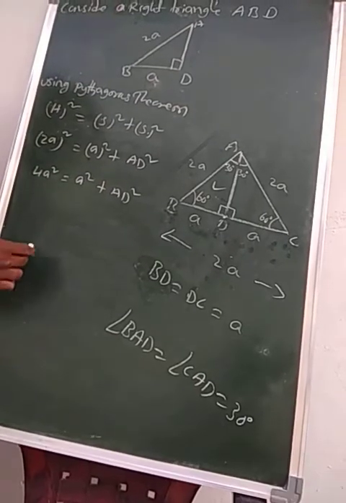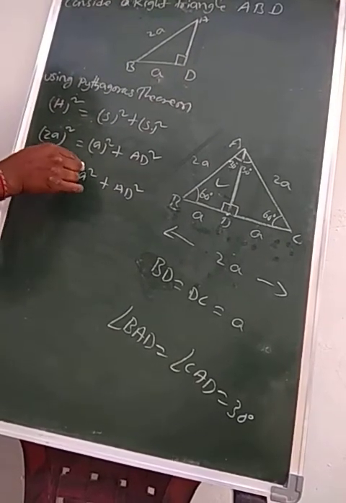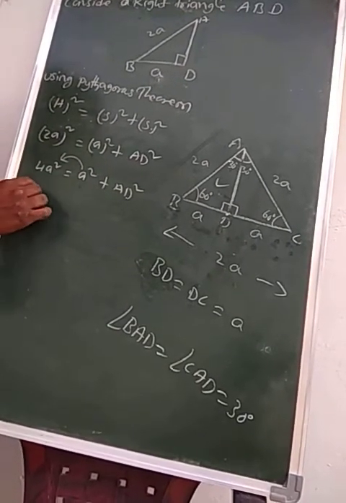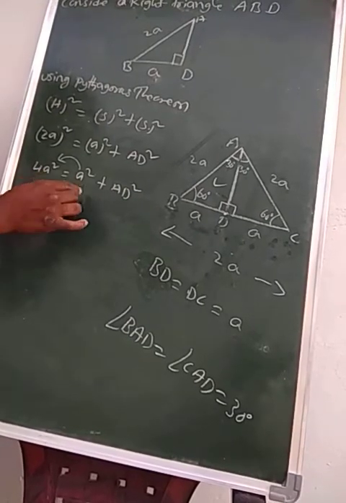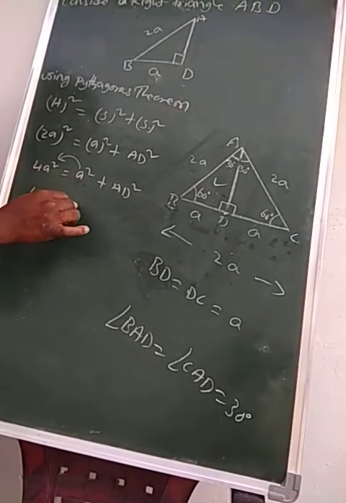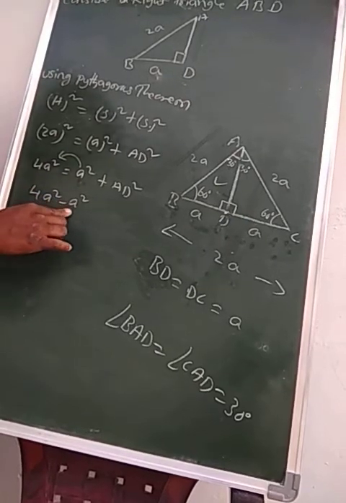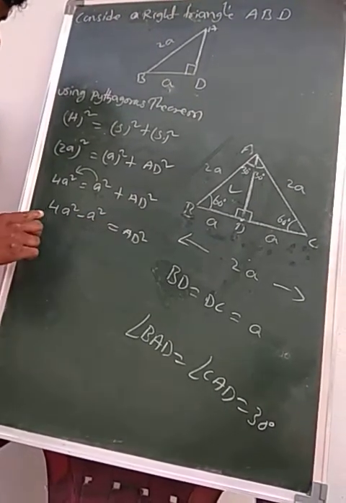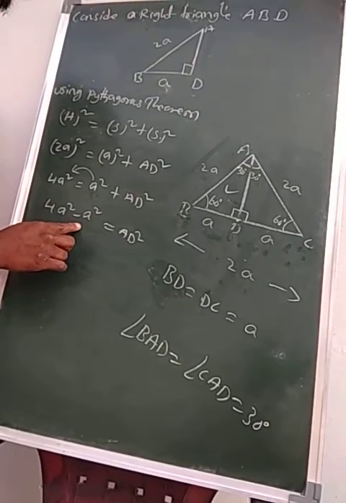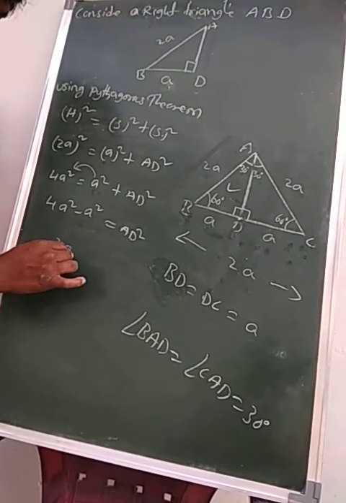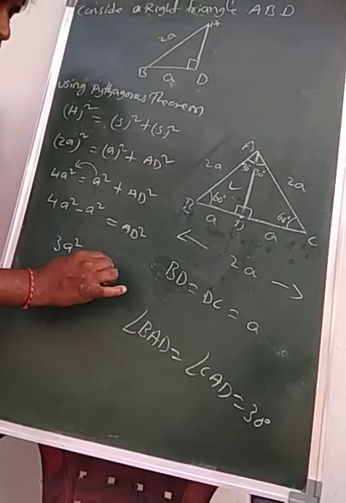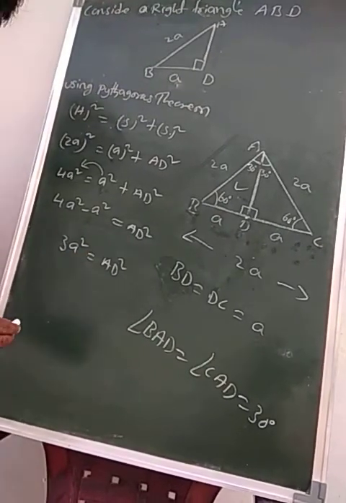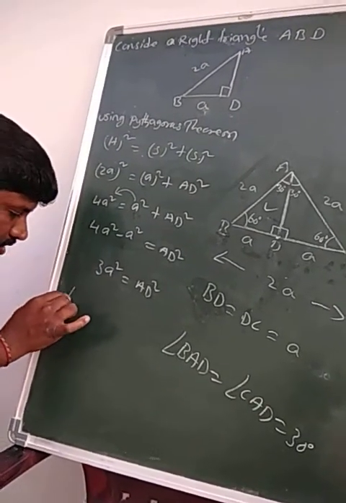whole square. Now transposing A square to the LHS, what happens? Its sign will change. It becomes minus A square is equal to AD square. 4A square minus A square, that is 3A square is equal to AD square. What I am doing is applying root on both sides.